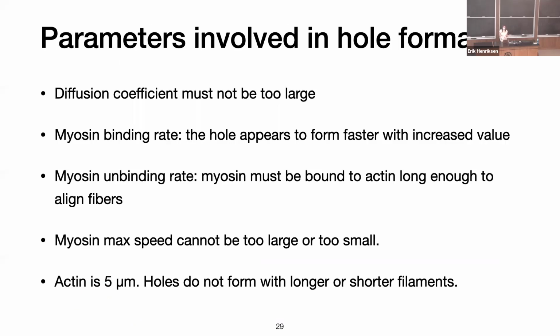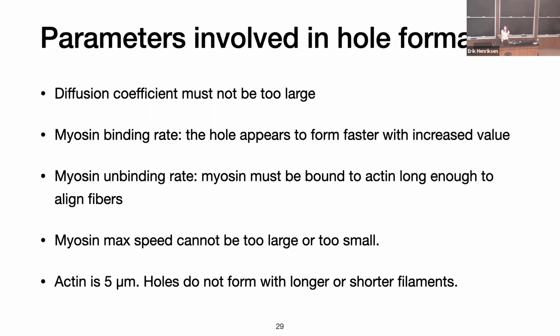So we've just done some simulations. This is not my area of expertise, so I'm just getting into it a little bit. But the diffusion coefficient is important. A lot of the parameters having to do with myosin are important, like the binding rate, the rate at which it binds to actin, and the unbinding rate. So myosin has to walk along the actin for a certain amount of time in order to align the fibers to get the hole.